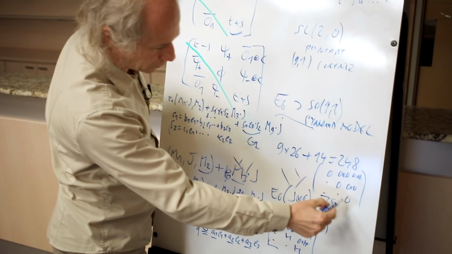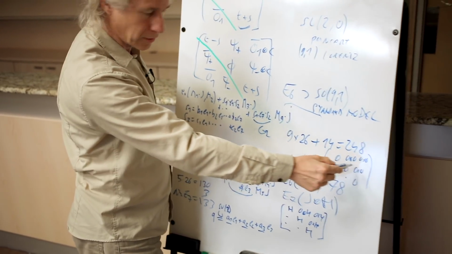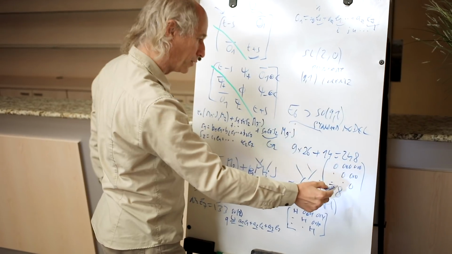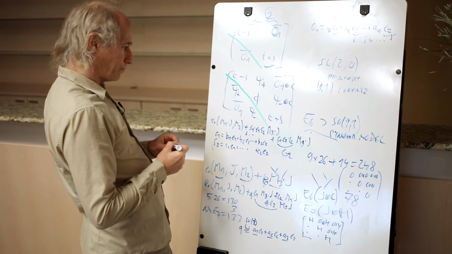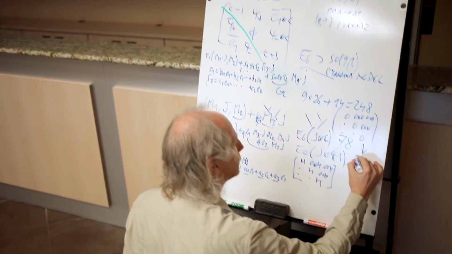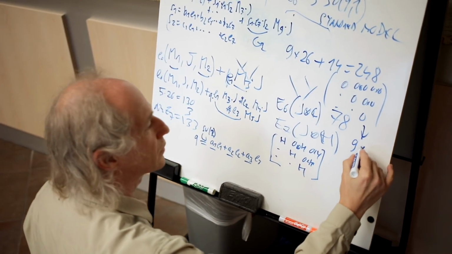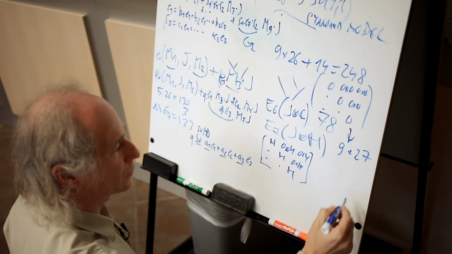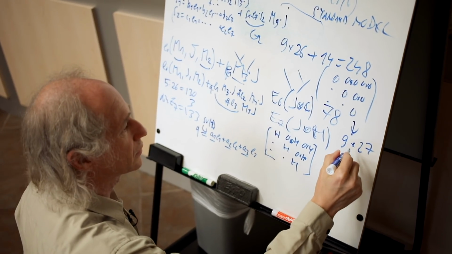Which is not totally E8, in fact, but pretty E8. So the result of this will give 9 matrices, 9 Jordan matrices.